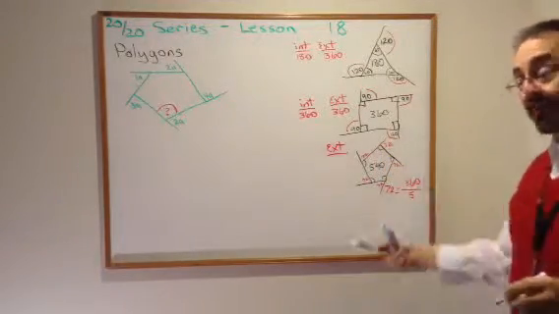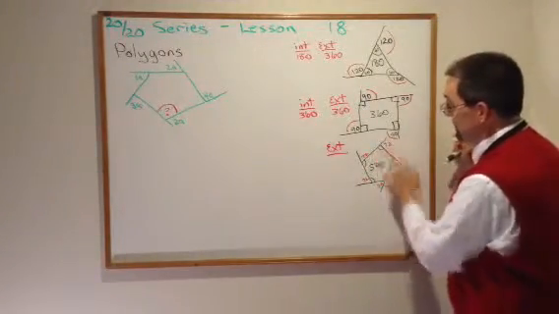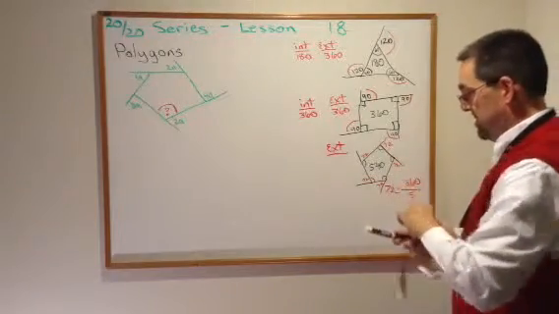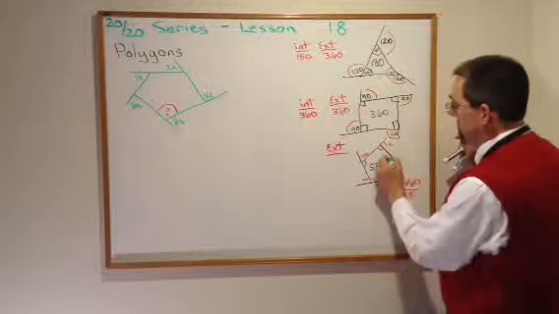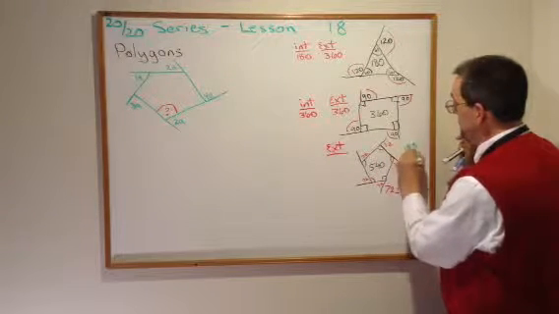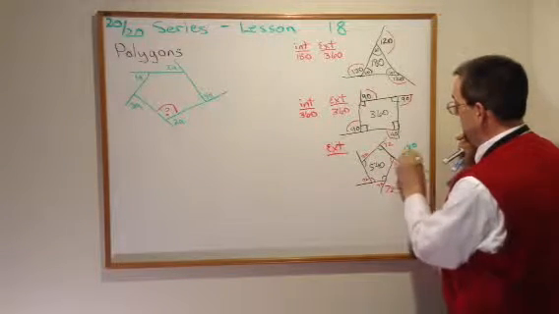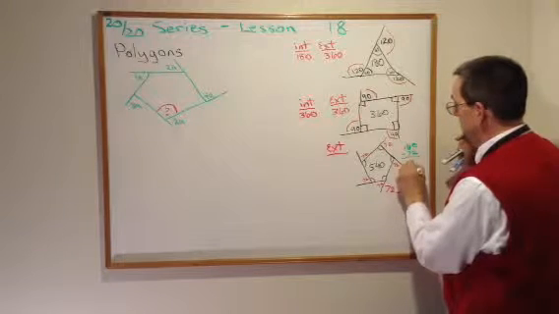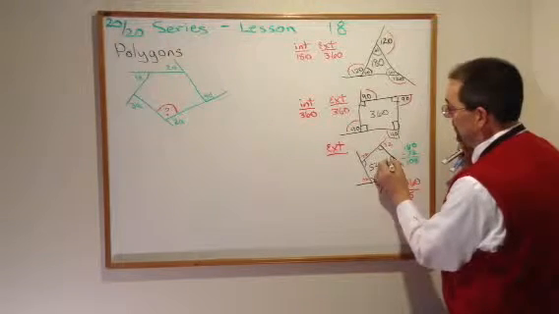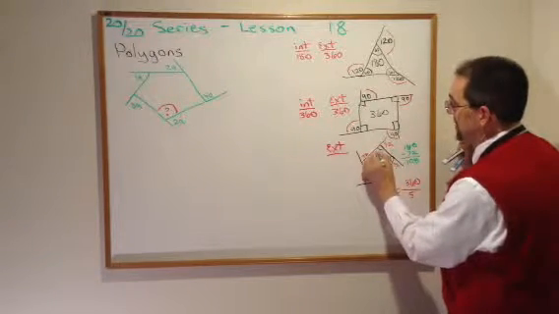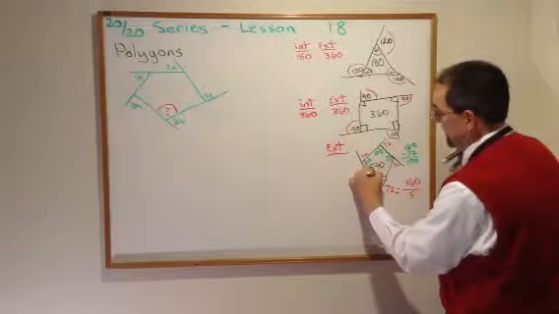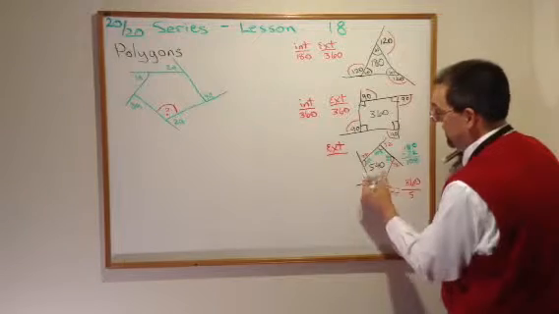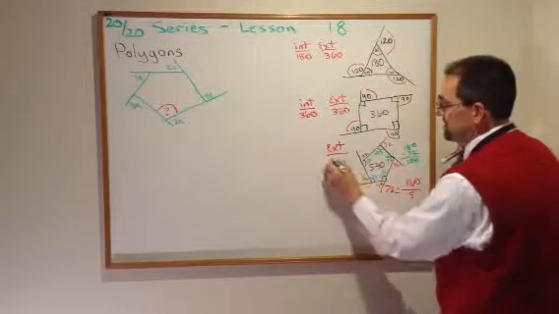Well, if those are all 72s, and we know this is a straight line, we take 180 minus that 72, to get 108. So all the interior angles are indeed 108 degrees. So exterior, 72.